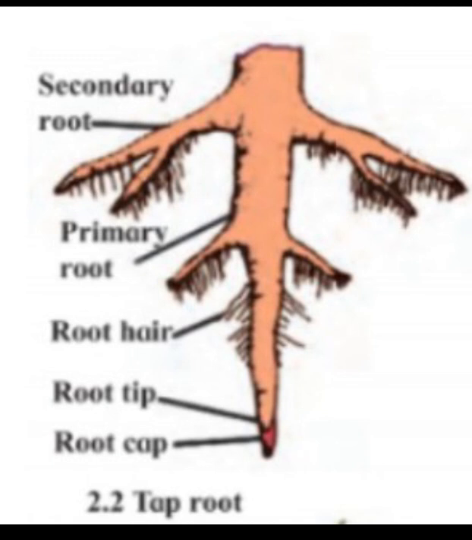The main function of the root cap is to cover the root tip. The root cap protects the root tip from minor injuries. Okay, children? Now we have another kind of roots, known as fibrous roots.